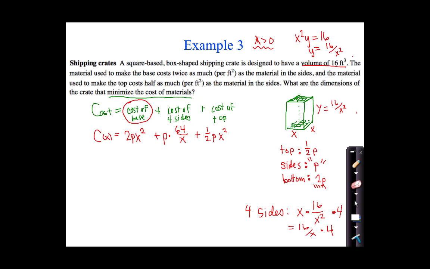But maybe making this a little bit less messy, I can see I've got, let's see, 2px squared and 1/2 px squared. So that's 2.5 or 5/2 p x squared. And then I've got this other, I'm going to write this with an exponent, 64p x to the negative 1.